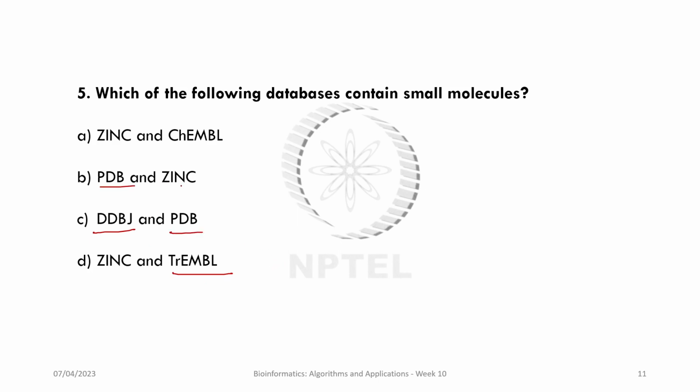PDB is a structure database, although not of small molecules specifically. So they might be found in complexes with protein, but it's not a database containing small molecules. So that leaves ZINC and ChEMBL as the options, right? So this is wrong and option A is right.